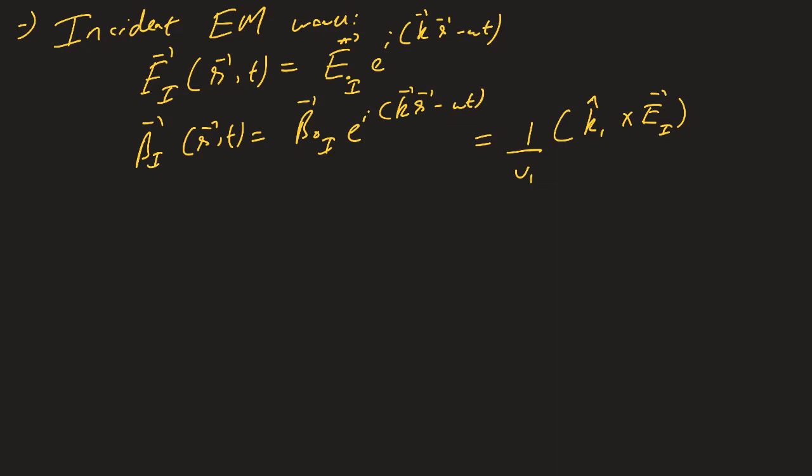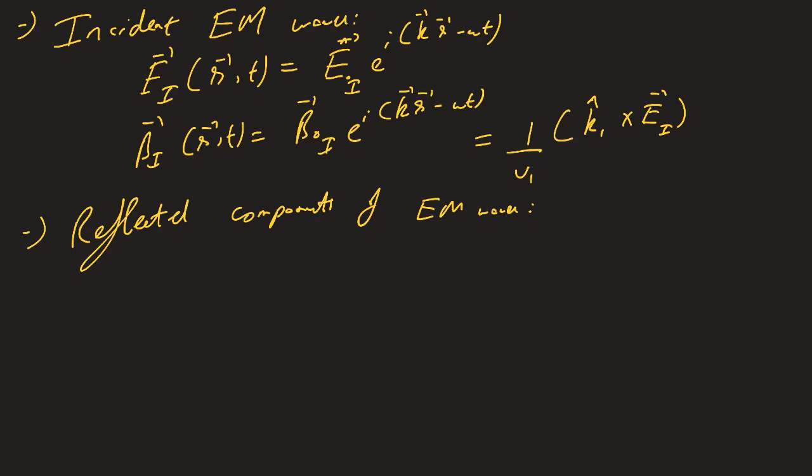So if that's the incident electromagnetic waves, we might have some reflections. So some reflections at angle theta r, so they're reflected components of the electromagnetic waves. These would be some E_R of r,t, which should be equal to some E naught reflected e to the i of k·r minus omega t.